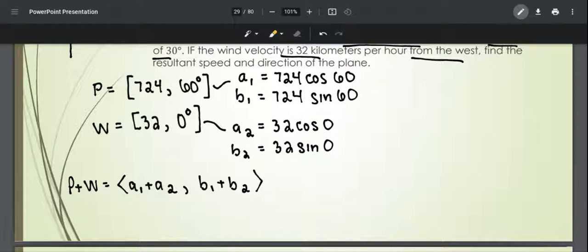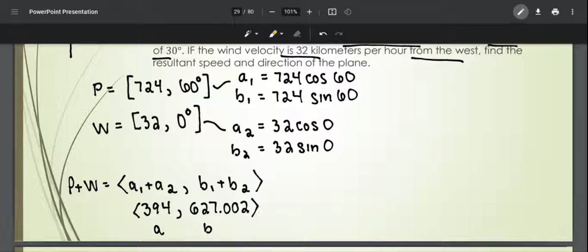So we do 724 cosine 60 plus 32 cosine 0, and we get 394 for our new A. Then 724 sine 60 plus 32 sine 0, we get 627.002. And those would be your components of the two vectors once you add them together.